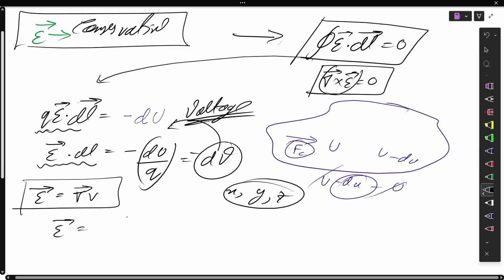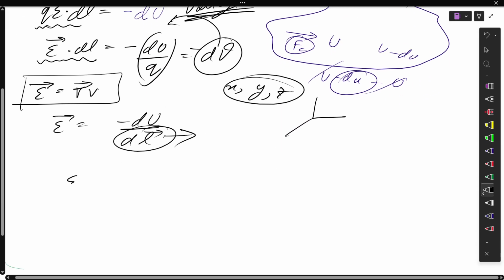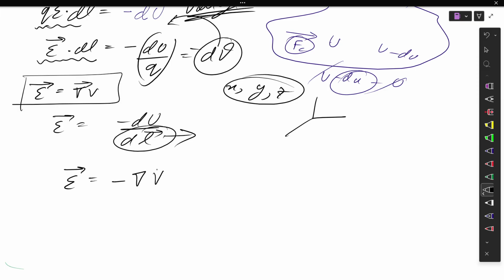If I see, the electric field could be written as minus dV over dl, but in this case it's contradictory, so I am taking it as a parameter in x, y, and z in all three axes. From this, the electric field was concluded to be minus nabla of V.